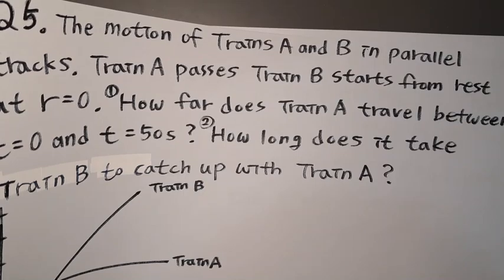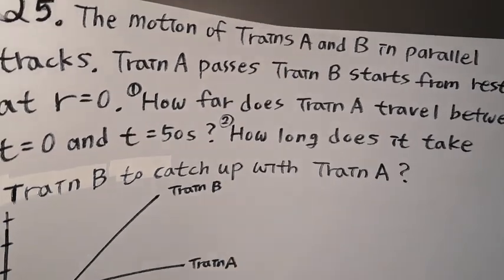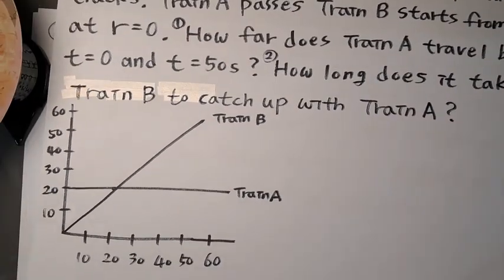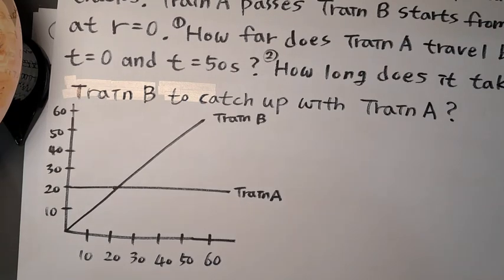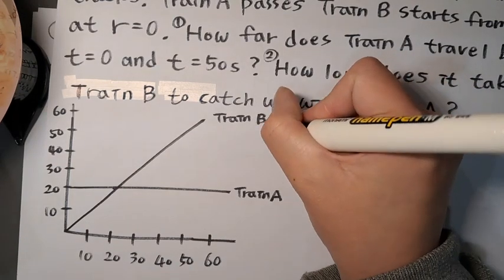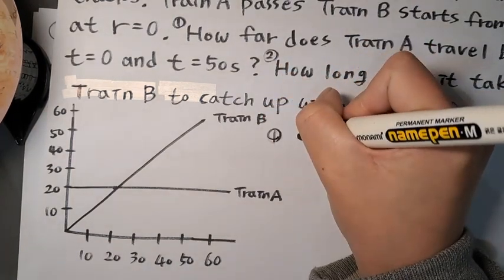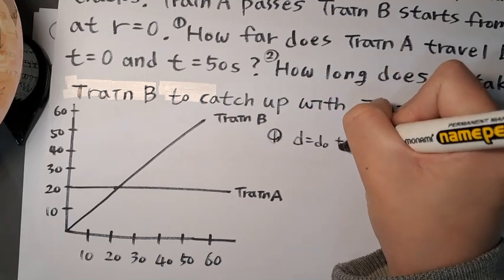So, firstly, train B starts from rest and travels with constant acceleration. So we are going to apply this equation.